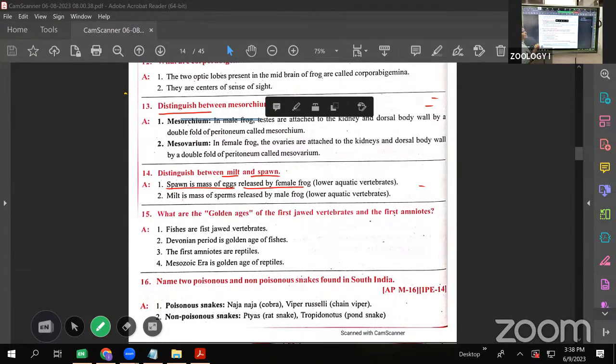The female frog releases a mass of eggs that we call spawn. What is milt? Milt means a mass of sperms released by the male frog. The male frog releasing sperms we call milt, and the female frog releasing eggs we call spawn. Clear? Next.